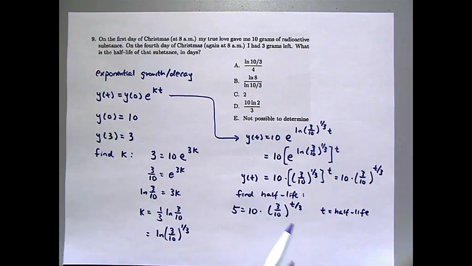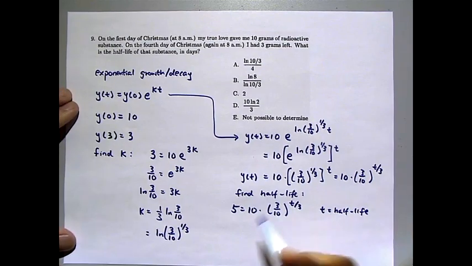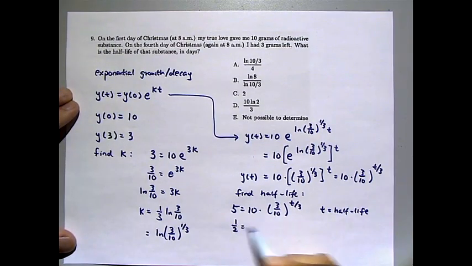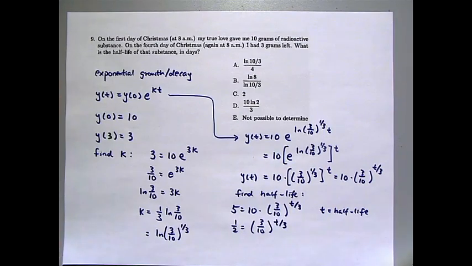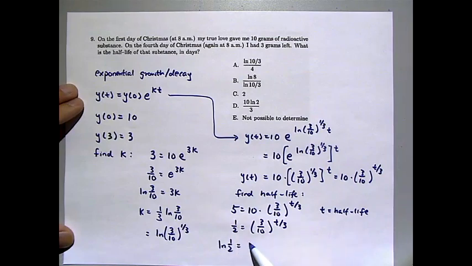So in this case, that t must be representing the half-life. t is how many days I gotta wait for 10 to decay to 5, right? Now we can find that pretty easily. Divided by 10. Take the natural log. Natural log of 1/2 is natural log of (3 over 10) to the power of t over 3.